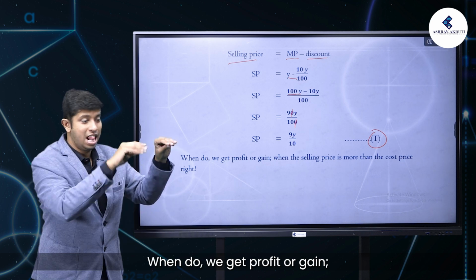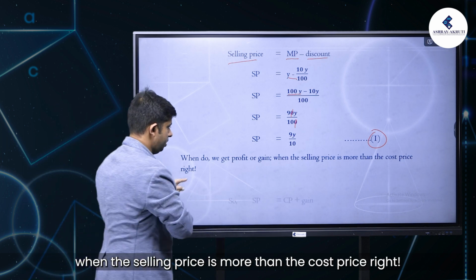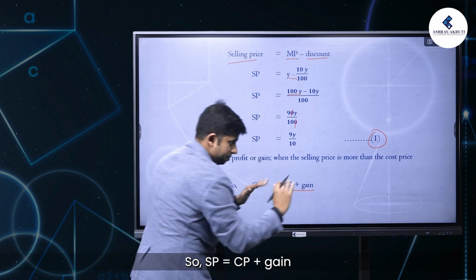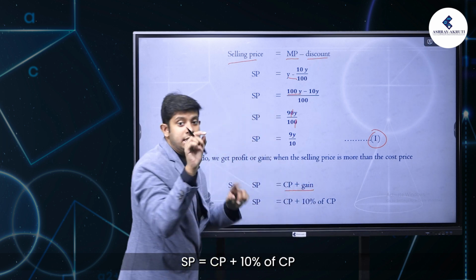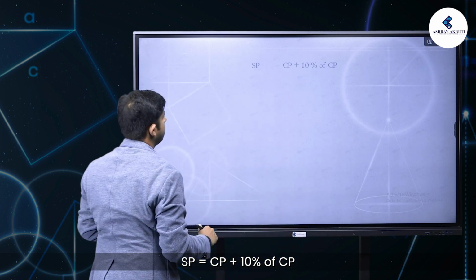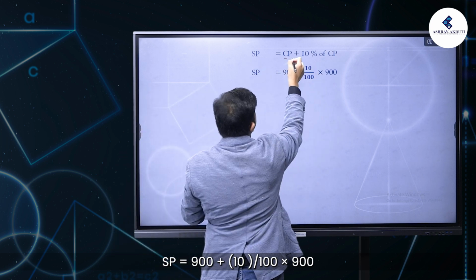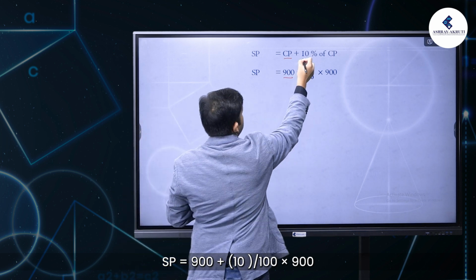When do we get profit or gain? When the selling price is more than the cost price, right? So, selling price equals cost price plus gain. Selling price equals cost price plus 10% of cost price. Selling price equals 900 plus 10 by 100 into 900.